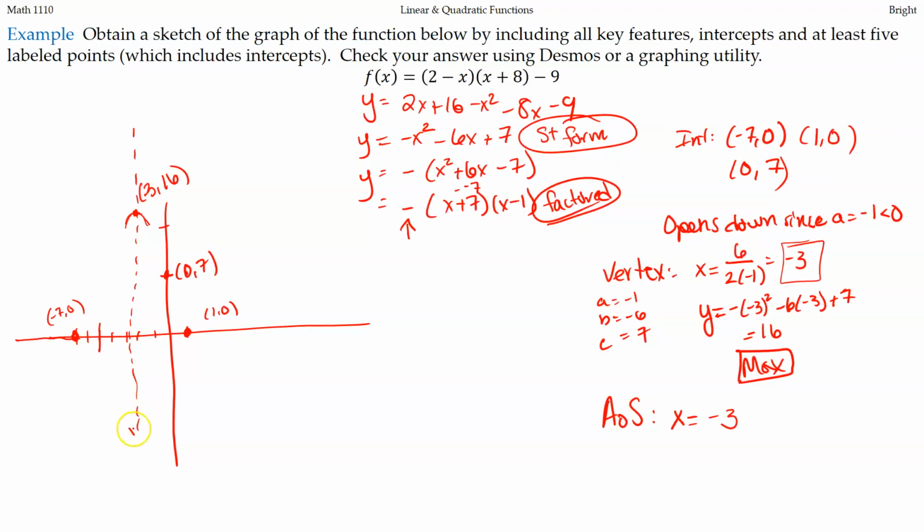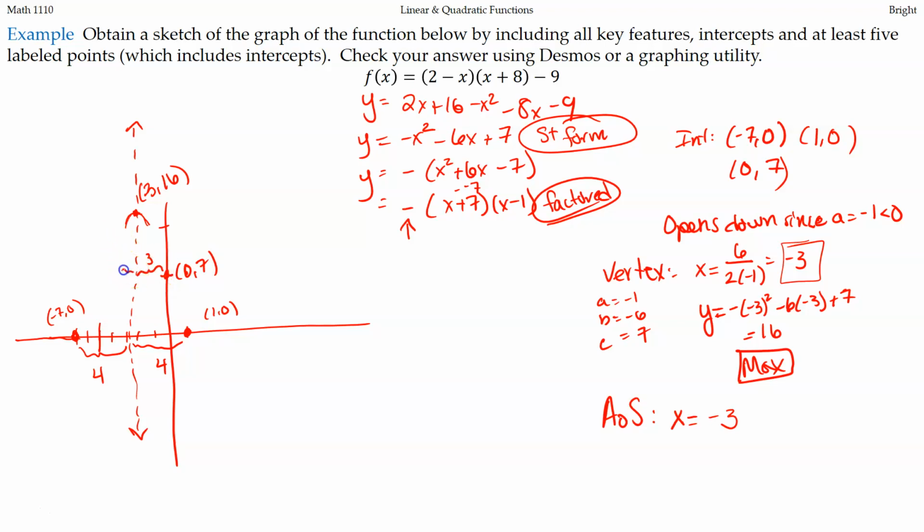Okay? But now the idea of symmetry, the axis of symmetry, is if you have a point, for example, we have a point here at negative 7, 0. This is 4 units away from the axis of symmetry. I can go 4 units on the other side, and that'll give me my other intercept, which is what I already have at 1, 0. Okay? So then, by that same logic, if I look at my vertical intercept, that's 3 units from the axis of symmetry.